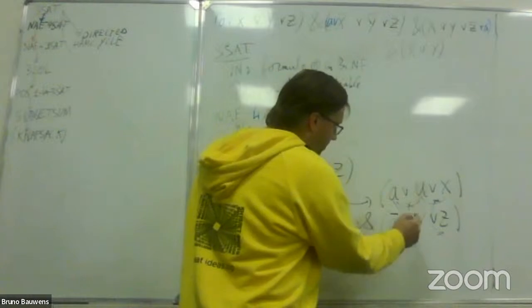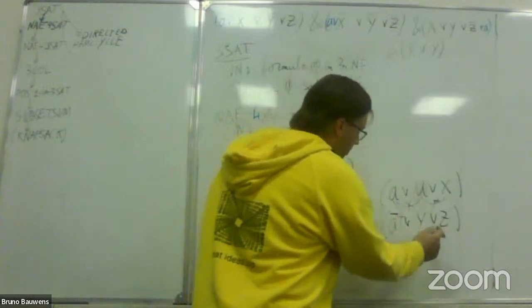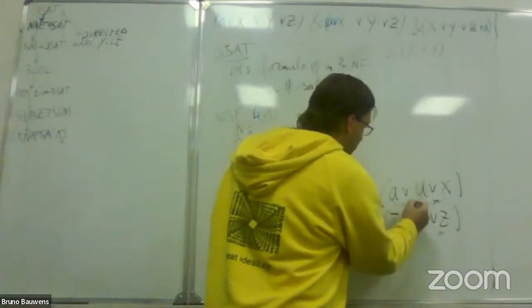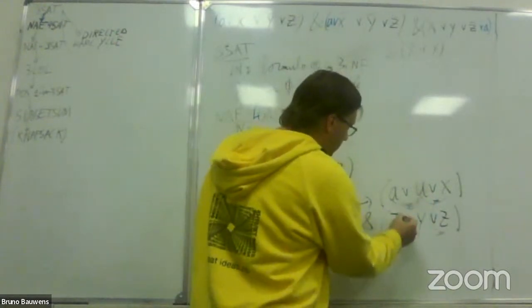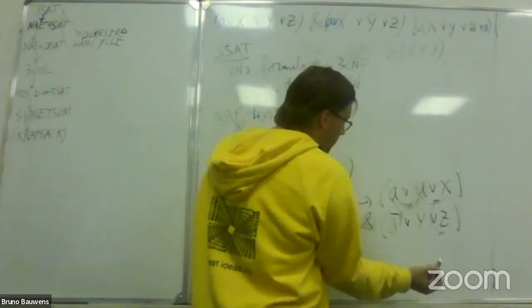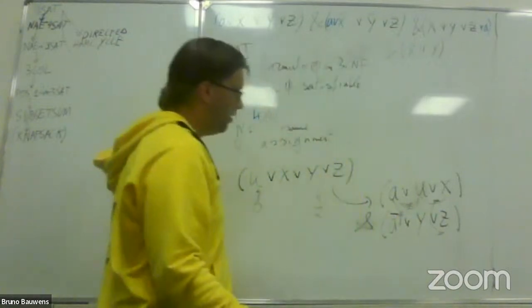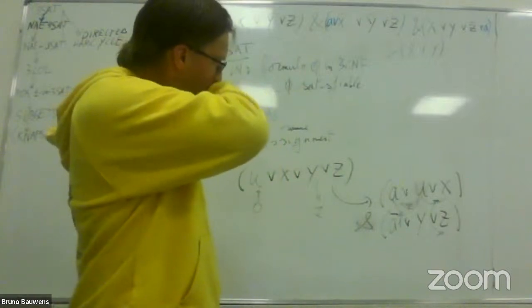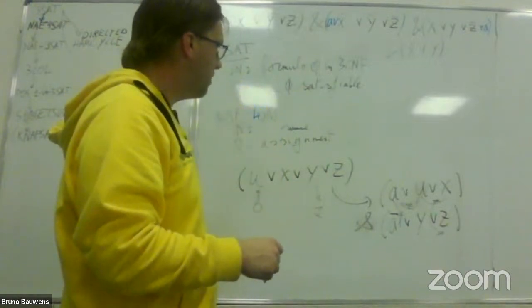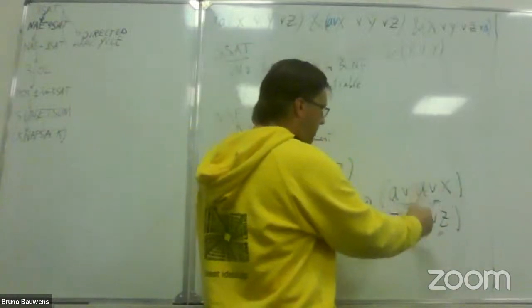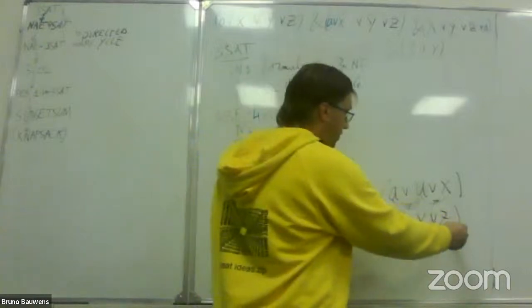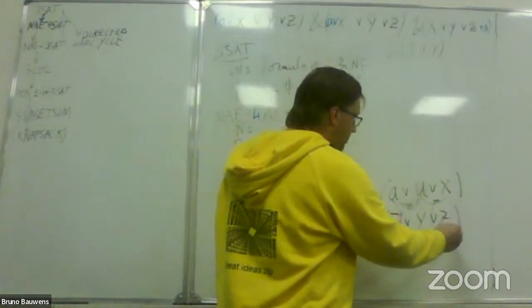So here we have not equal, not equal. Here we have, of course, not equal. So we have three times not equal.